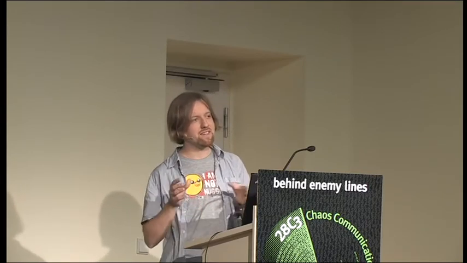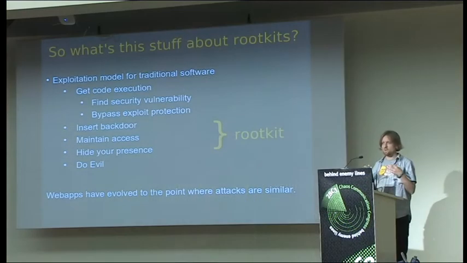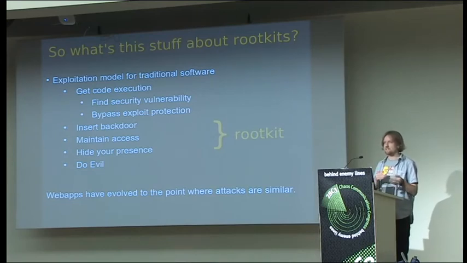So this is the traditional way malware has worked, and it never really applied to web apps, right? Because web apps are different. The idea that I want to impart on you is that web applications have evolved in the last 5 or 10 years to the point where we can have similar things to rootkits running within web applications for a particular user. And I'll talk more about that.